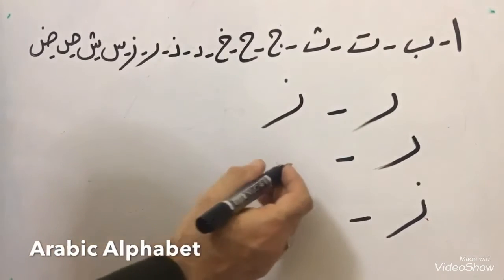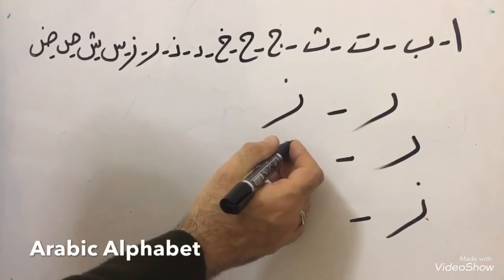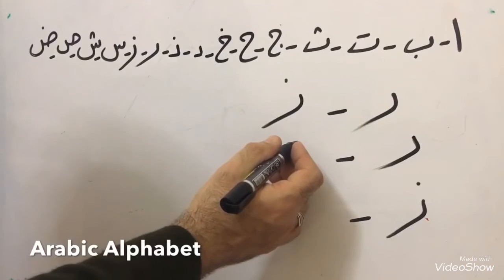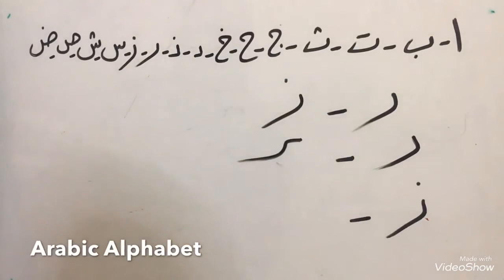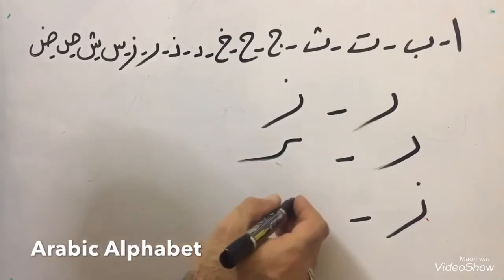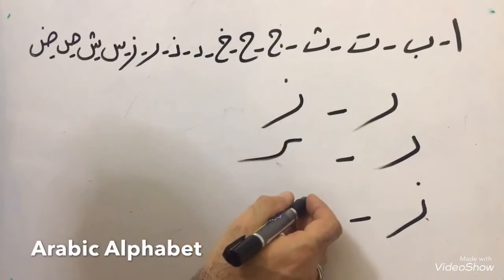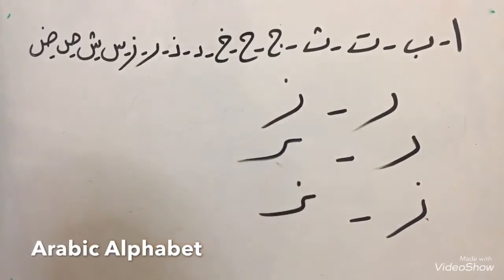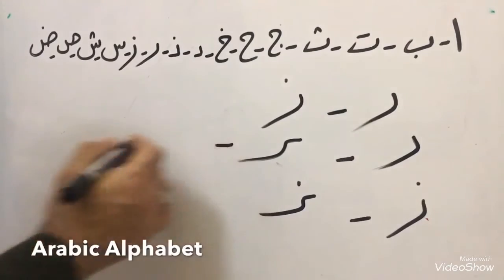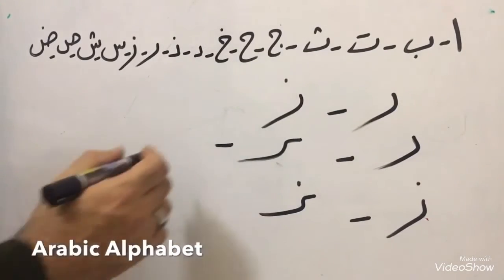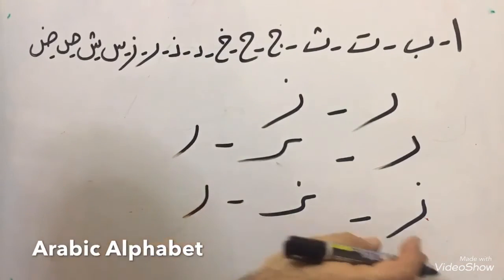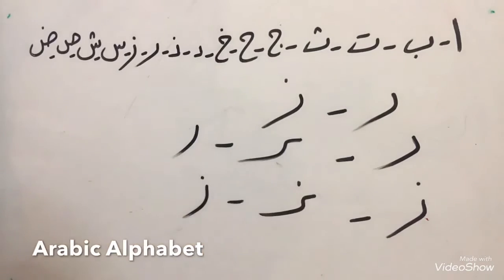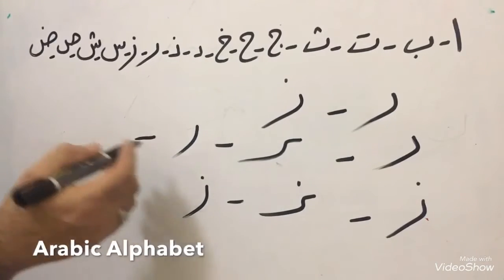So in the middle, if there is a letter before and they can join, with Ra it is like this. This is in the middle of the word. With Zay, the same. If the letter before cannot be joined, it is like this, the same as the beginning. The same thing is in the middle and at the end of the word.